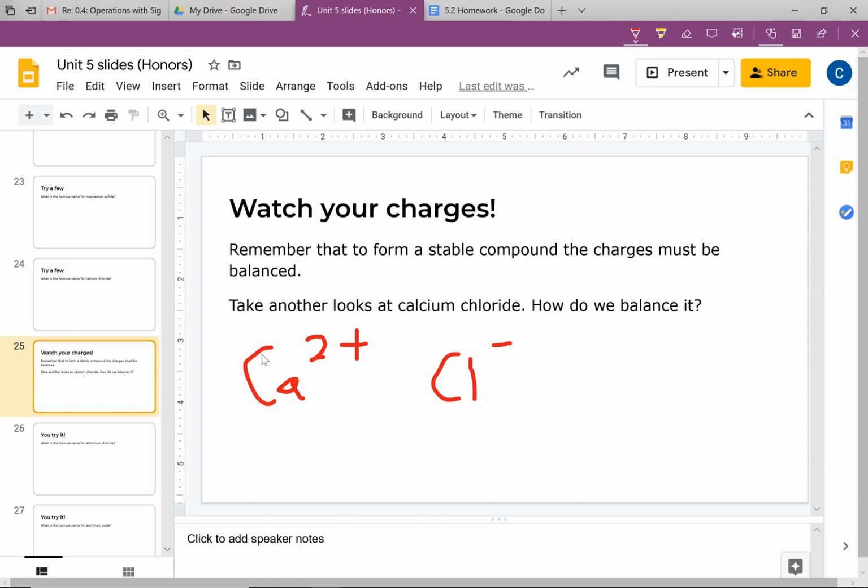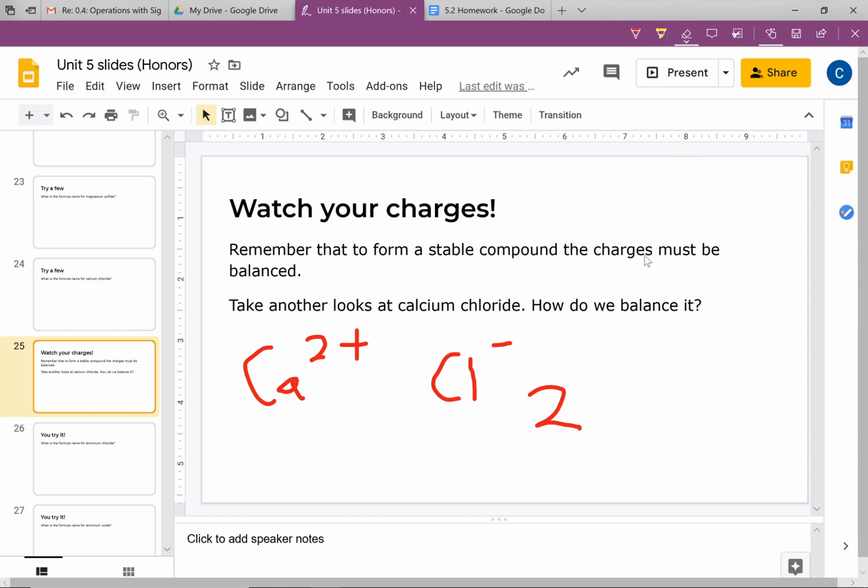So we need to find a way to balance these two. Again, we need a neutral charge, right? A net 0. So if we have 2 positive charges, then we end up needing 2 negative charges. So what we do is we include 2 of the chloride ion, right? If we have 2 single negative charges, that's equal to the 2 positive charges that calcium has.